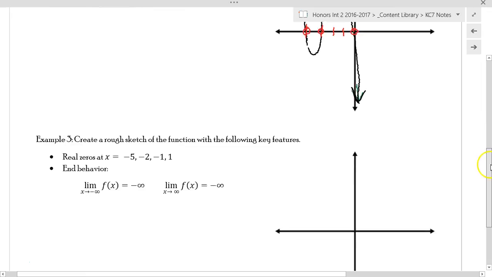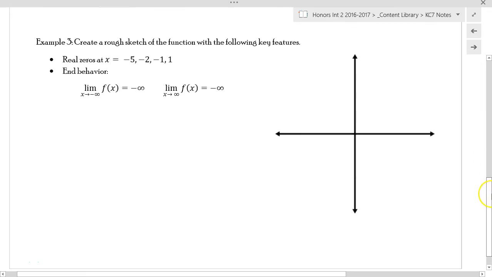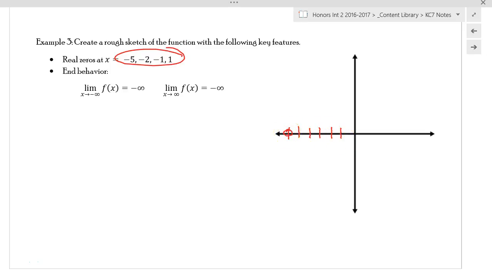All right, looking at example 5, create a rough sketch of this function. Negative 5, negative 2, negative 1, and 1 are my zeros. I'm going to put a zero at negative 5. I'm going to put a zero at negative 2, negative 1, and positive 1.